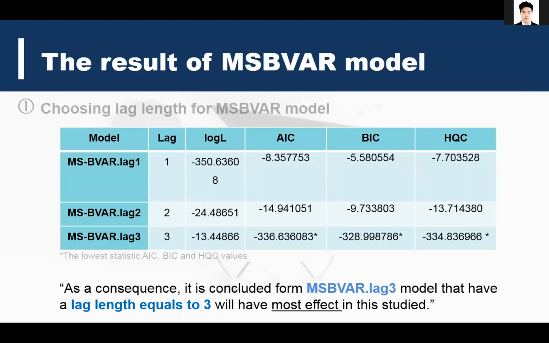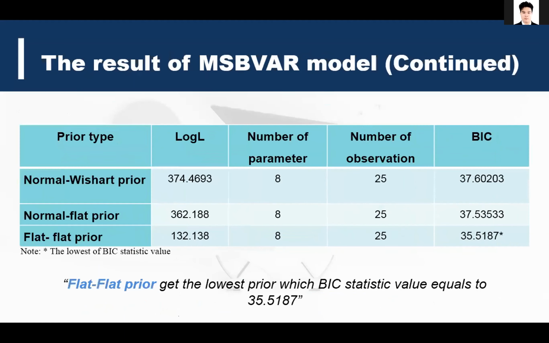The first step is choosing the lag for the Msbvar models. From this study, the Msbvar model Lag 3 gives the best lag, the most effective in this study. The second step is using a prior distribution.